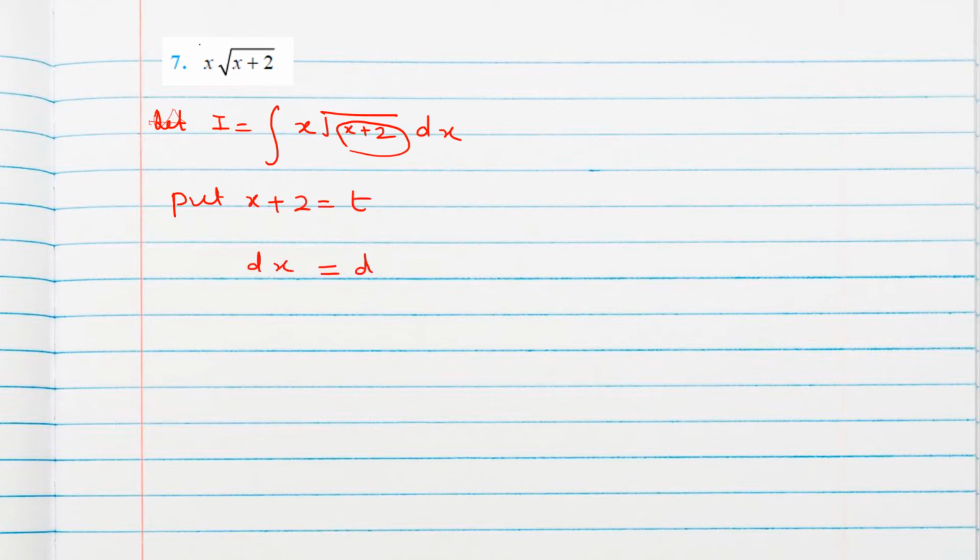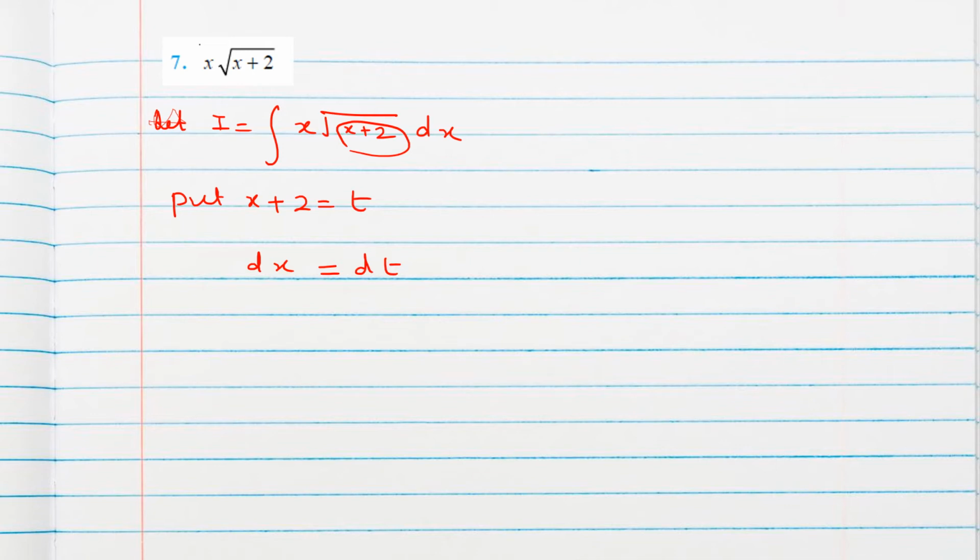Question 7, integral of x into root of x plus 2. Let this integral be I, x root of x plus 2 dx. Now this expression we will substitute as t. So after differentiating we'll get dx is equal to dt.